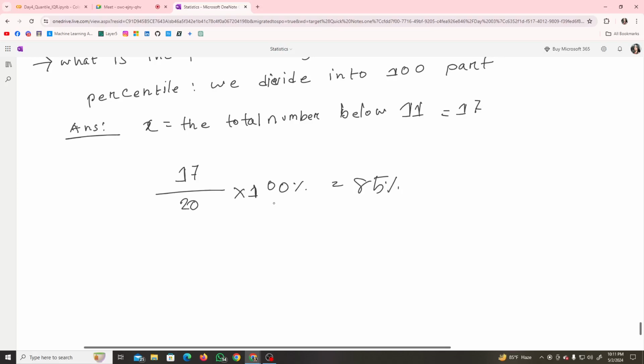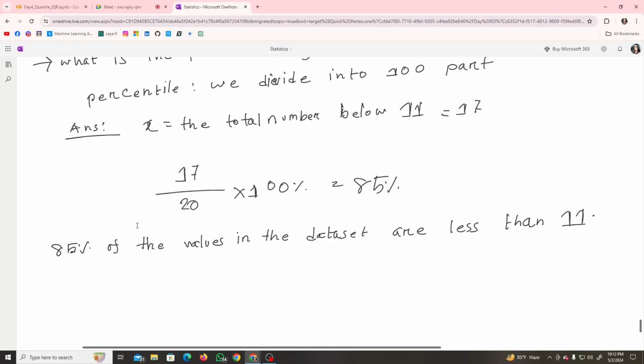So this means 85 percentage of the values in the data set are less than 11.